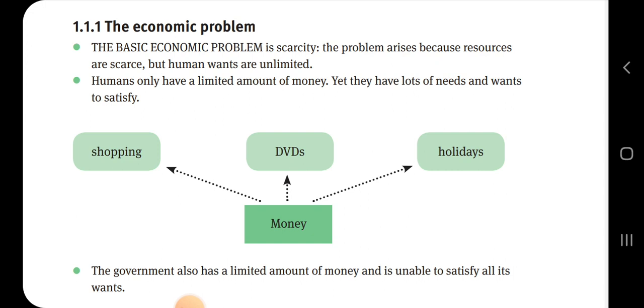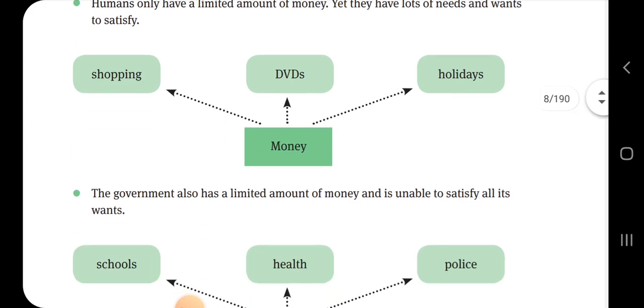Humans only have a limited amount of money, yet they have lots of needs and wants to satisfy. So money is scarce. You have to choose between shopping, DVDs, and a holiday. Here you have money, and you need to see whether it will go towards shopping, buying DVDs, or a holiday.